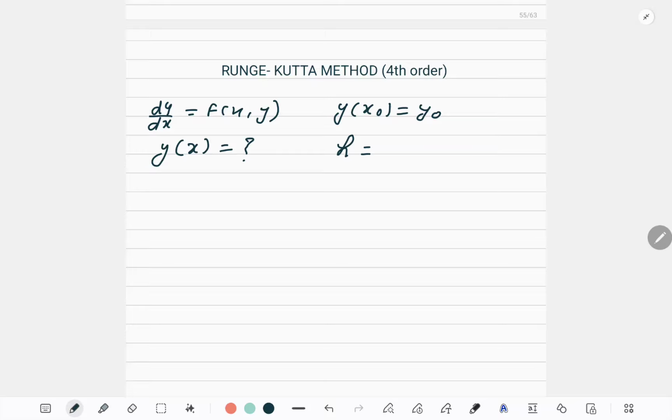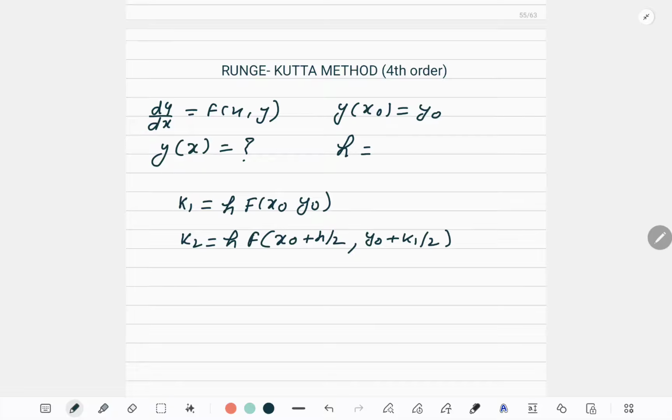Since it is the Runge-Kutta method of fourth order, the very first thing you have to do is calculate a constant called k1. The value of k1 is h f of x0, y0. Then k2 is h f of x0 plus h by 2, comma y0 plus k1 by 2.